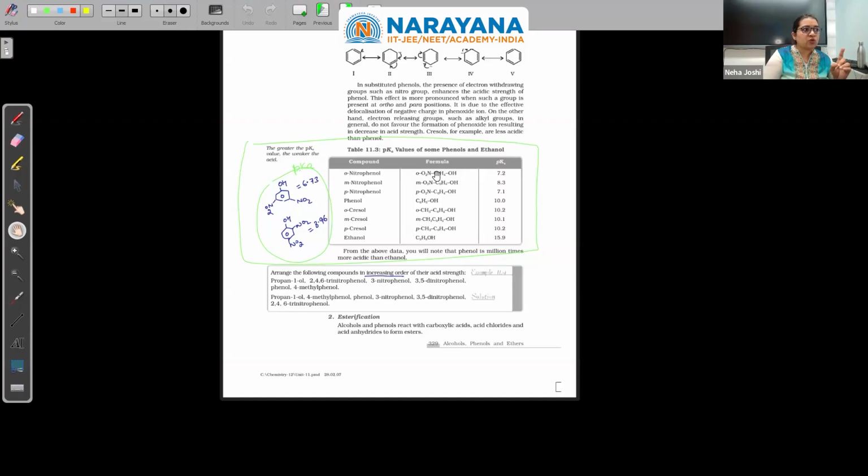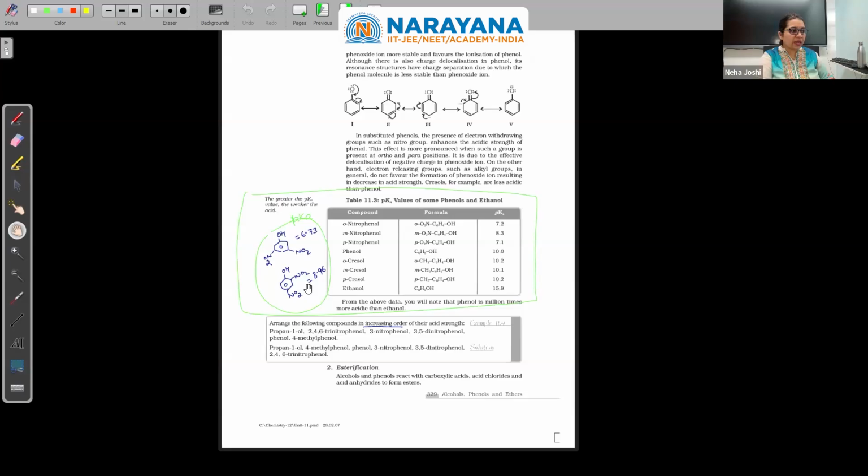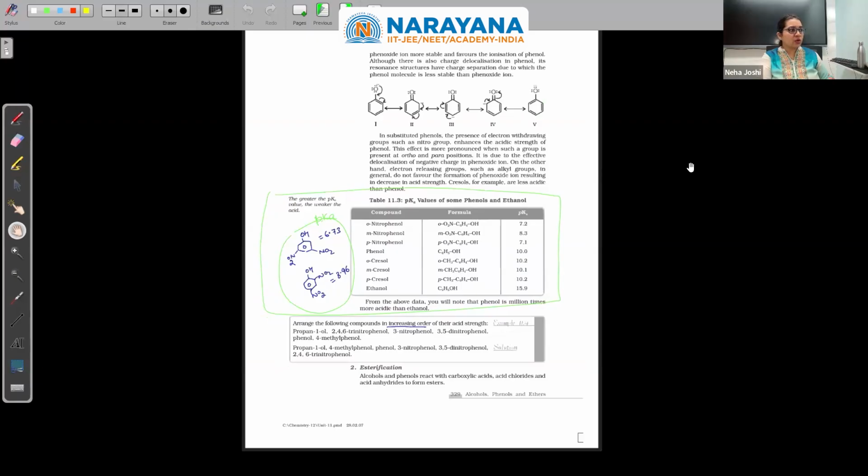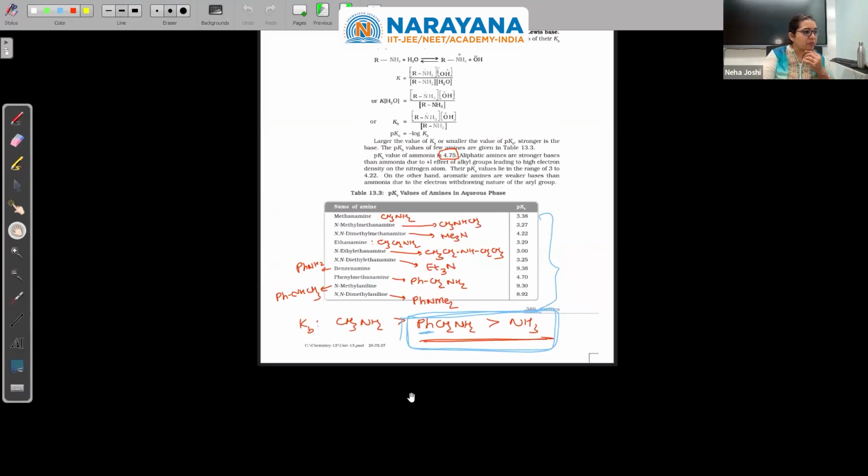Ortho-nitrophenol, meta-nitro, para-nitro, their pKa is lesser than H2CO3 pK1. So they will not act as CO2 liberators, but dinitrophenols will act as CO2 liberators from NaHCO3. Taken screenshot.